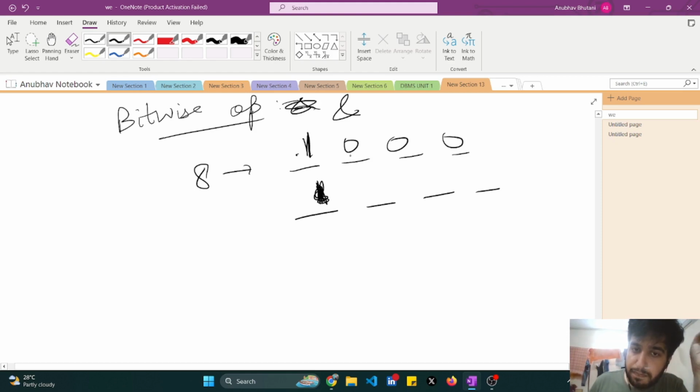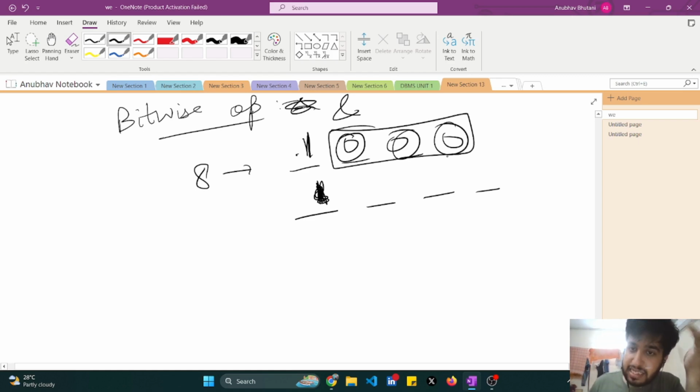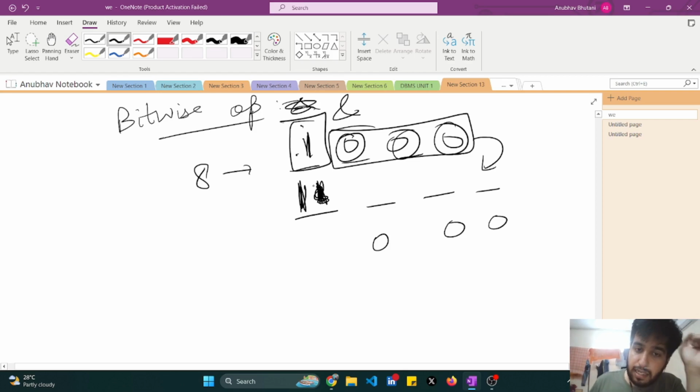If I do the bitwise AND of all these zeros with any number, be it 0 or 1, the result would be 0 only. And what would not be 0? The position whose output is not trivial, this position, because if this is 1, the output is going to be 1.